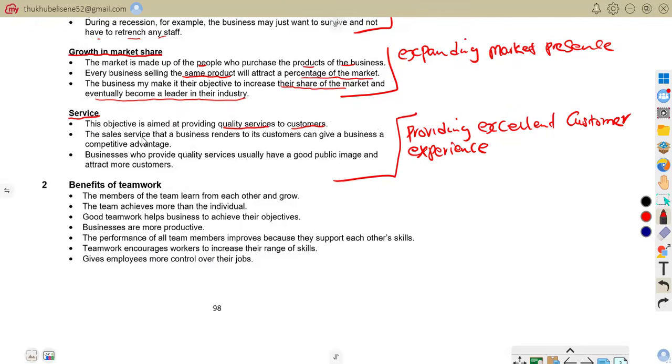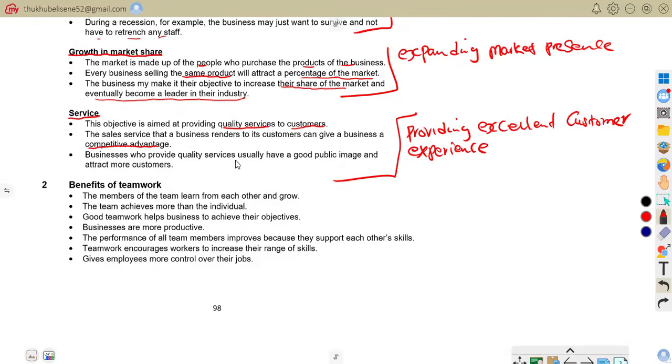The sales service that the business renders to its customers can give a business competitive advantage. That is true. The good service that you provide to your customers is going to give a business what? A competitive advantage, because more customers are going to make a return purchase. They will always want to come to your business, and that will give you an advantage.